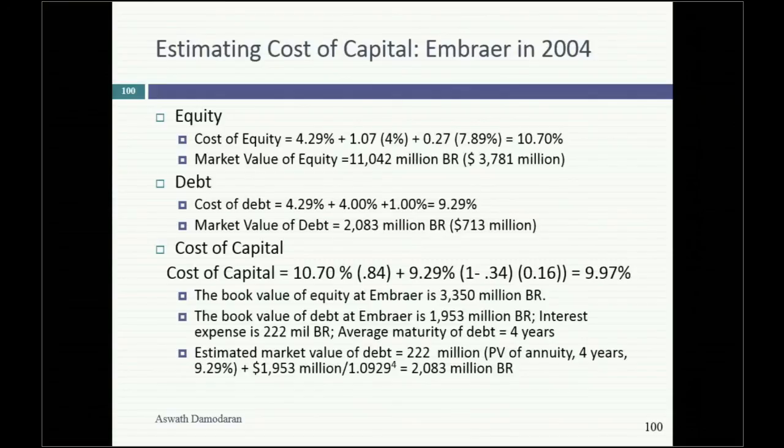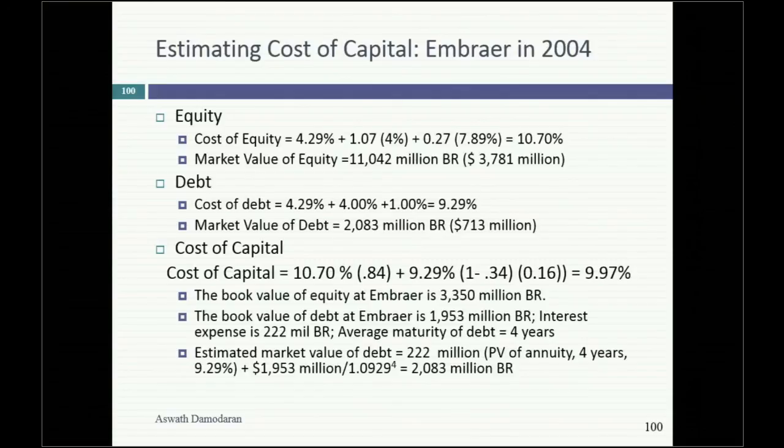Cost of debt: same risk-free rate, country default spread, company default spread, cost of debt of 9.29%. The tax rate I'm using is the marginal tax rate for Brazil because that's where they get the tax benefit. There's my US dollar cost of capital for Embraer. I did do one thing. I took their book value of debt, which was 1,953 million, and I converted it to market value.